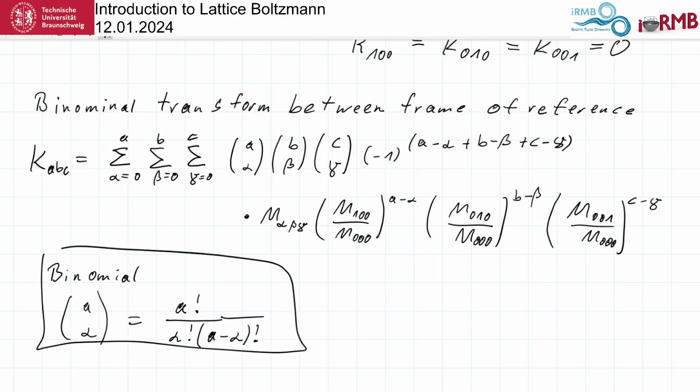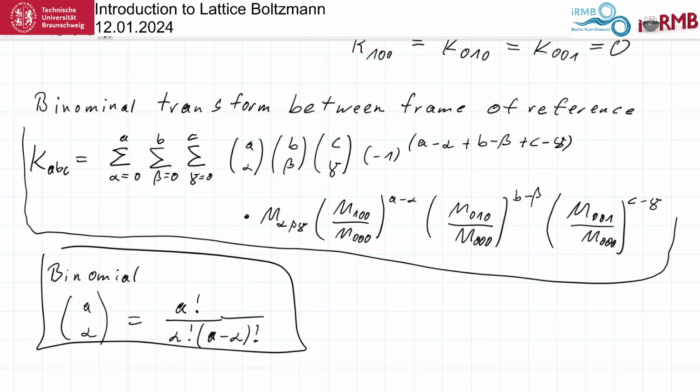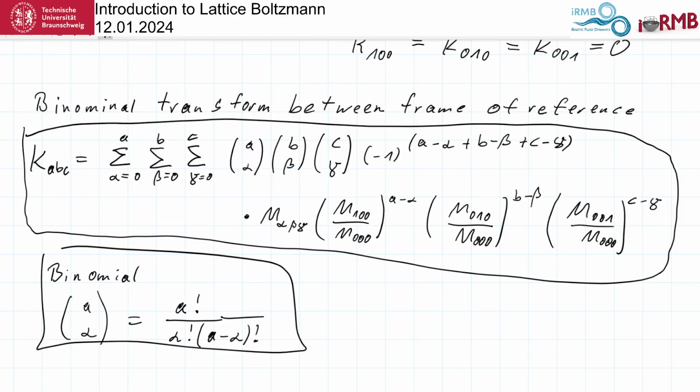And this equation can be used to do the transformation of raw moments M alpha beta gamma to K ABC. So you see the central moment depends on all raw moments up to the same order A, B, and C.